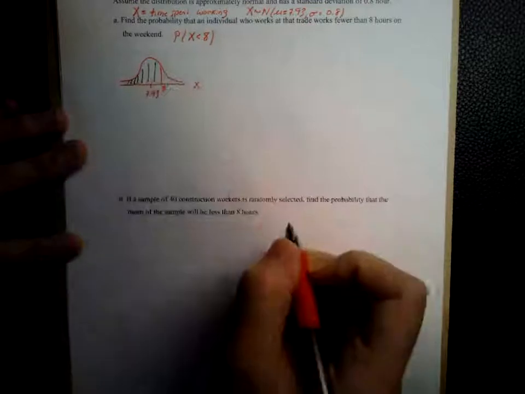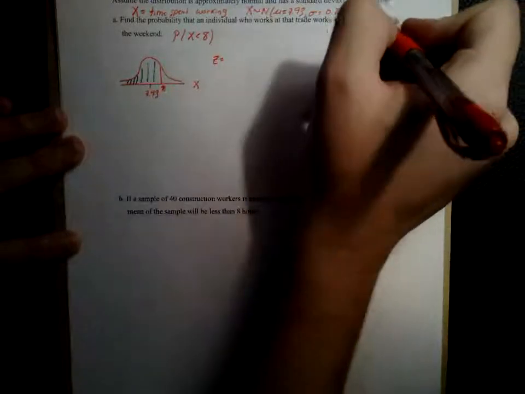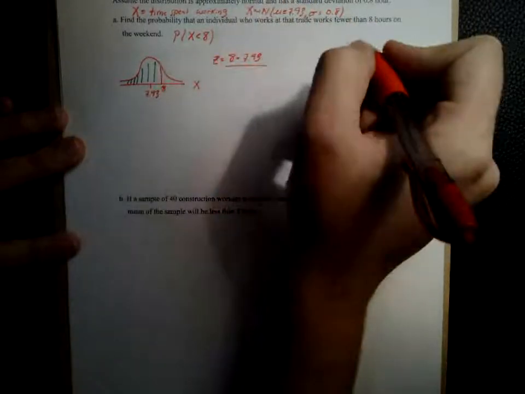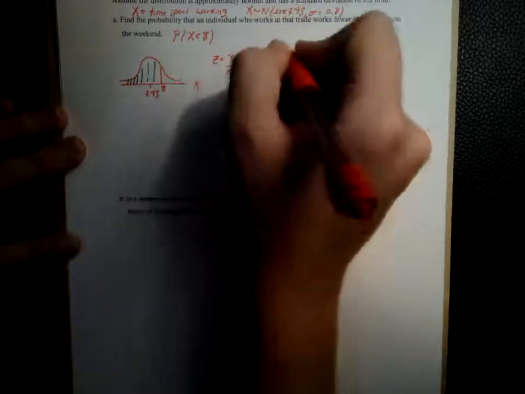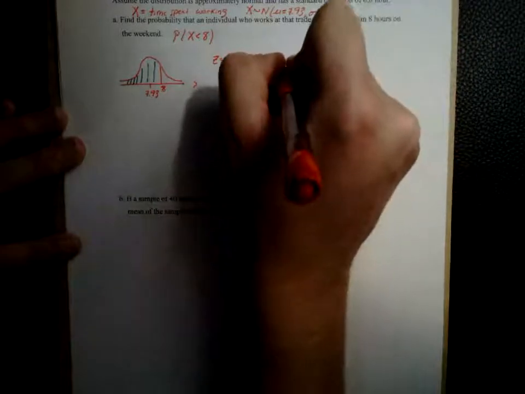Then let's convert this 8 right here into a z-score first. Then z is equal to the data value we're interested in, which is 8 hours, 8 minus the mean, which was 7.93, and then divided by the standard deviation, which was 0.8. And then rounding this to 2 decimal places, this gives us 0.09.